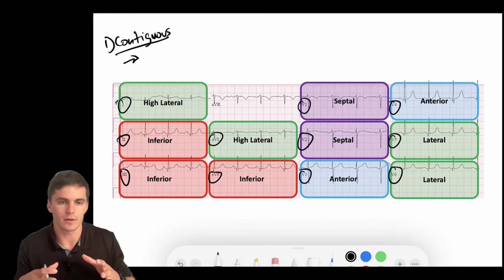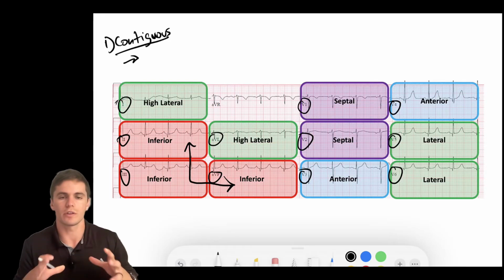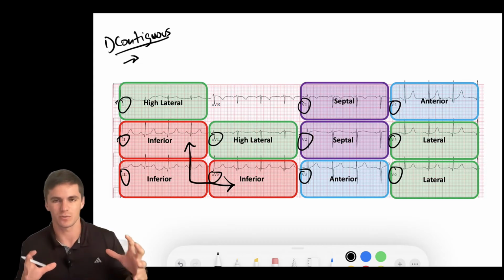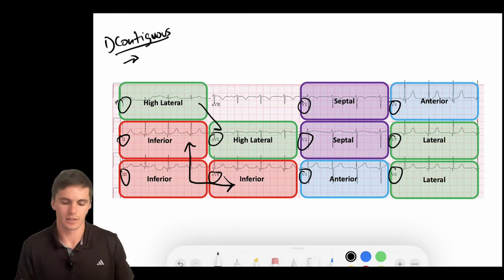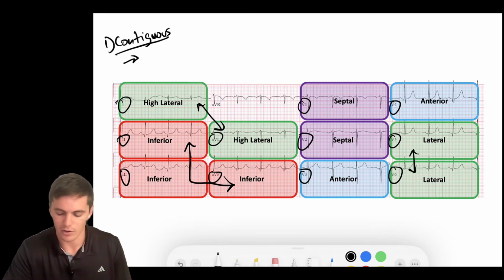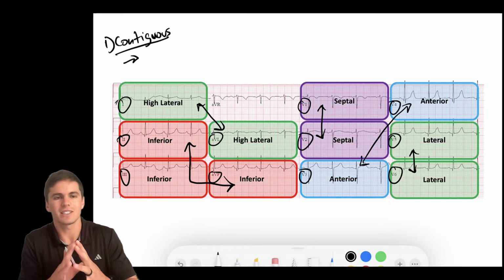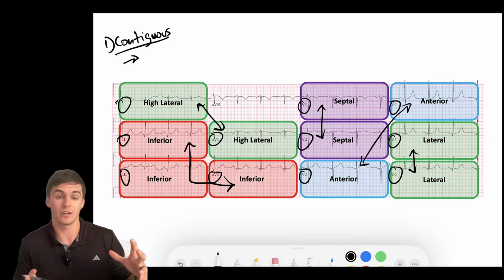So a contiguous set of leads would be leads 2, 3, and AVF. These are contiguous with each other. They are representing adjacent regions, right? Another contiguous region would be 1 and AVL, the high lateral, V5 and V6, the anterior, V3 and V4, and the septal, V1 and V2.